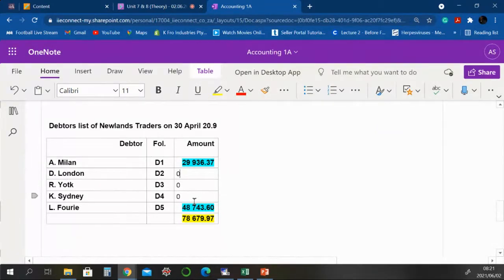Which account needs to have that exact same balance for us to know that we have recorded everything pertaining to our debtors correctly? 100%. Your balance brought down and your balance carried down need to equal that 78,679.97. And then you know that you have reconciled your debtors control.